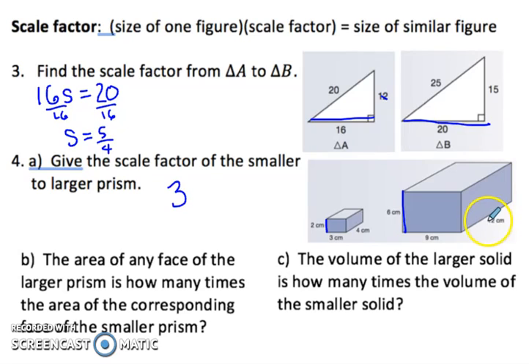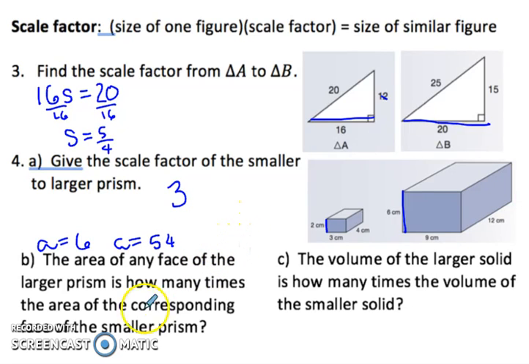Let's look at area, though. So the area of any face is how many times the area of the corresponding face? Let's figure out the area of one of the faces. I'm going to use this darker shaded face in the front. So my area for the first one is 6. My area for the second one is 6 times 9, which is 54.